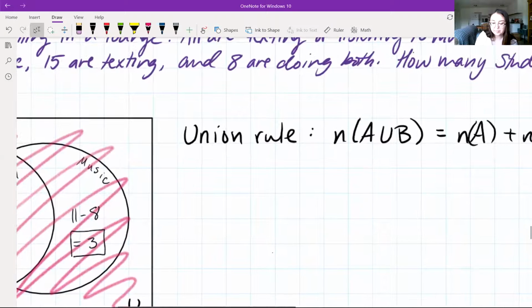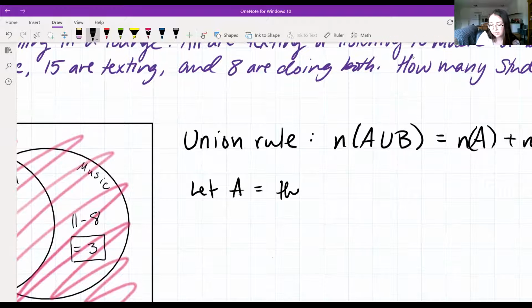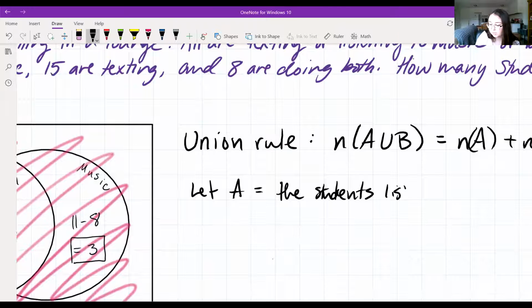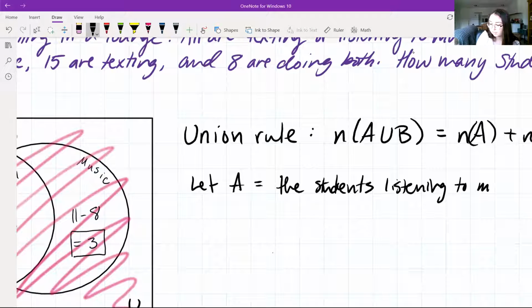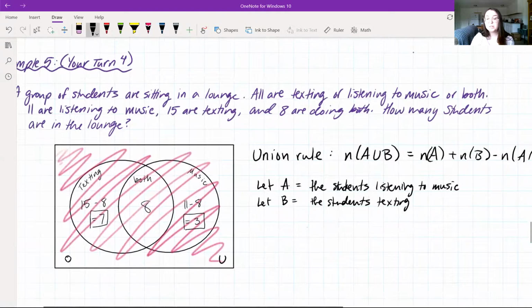Let A equal the students listening to music and let B be the students texting. And we know these values. We know that 11 are listening to music and 15 are texting. And then 8 are doing both.